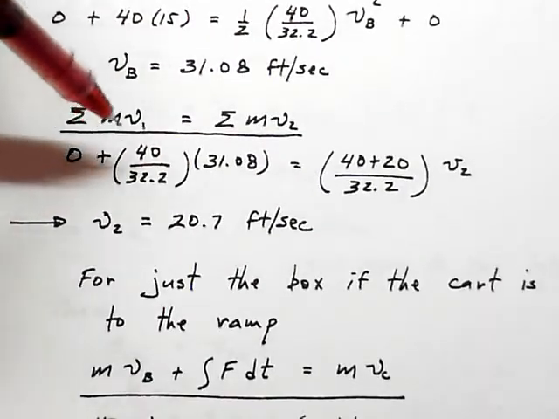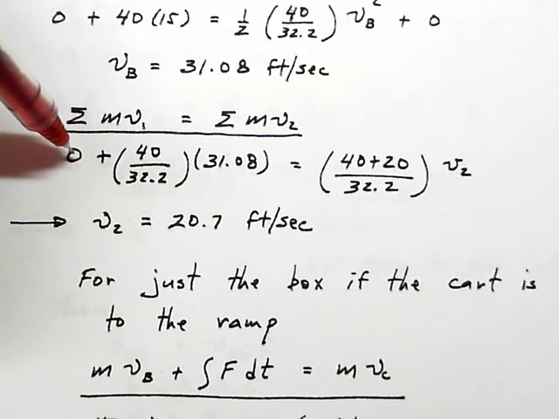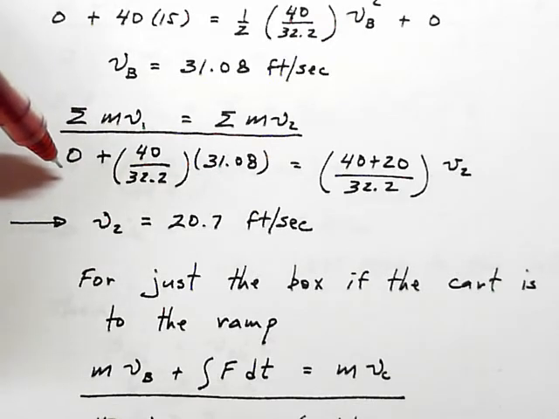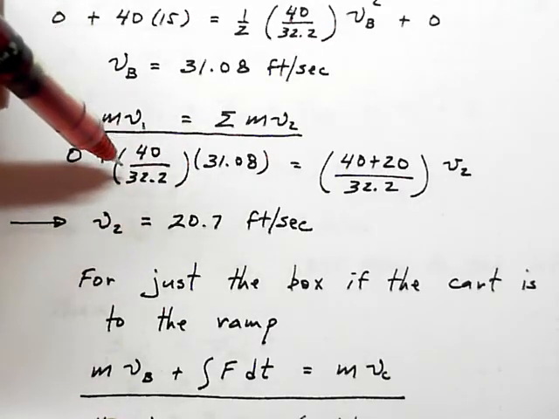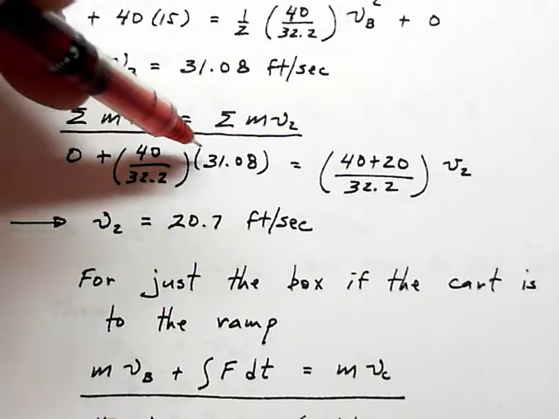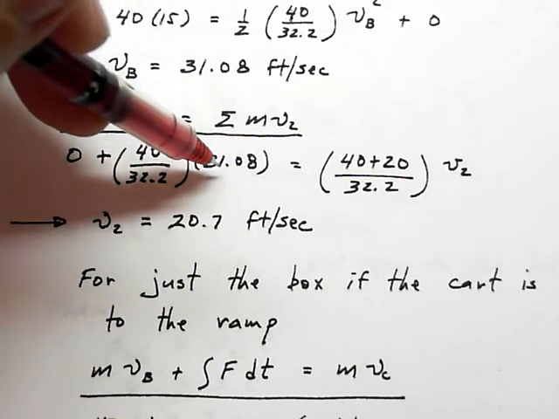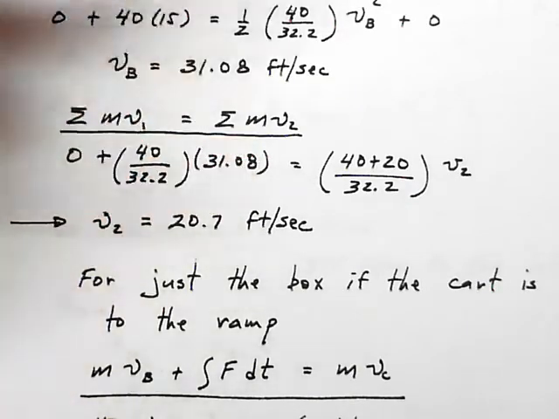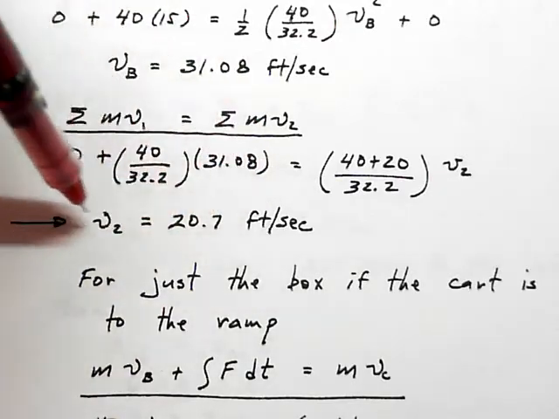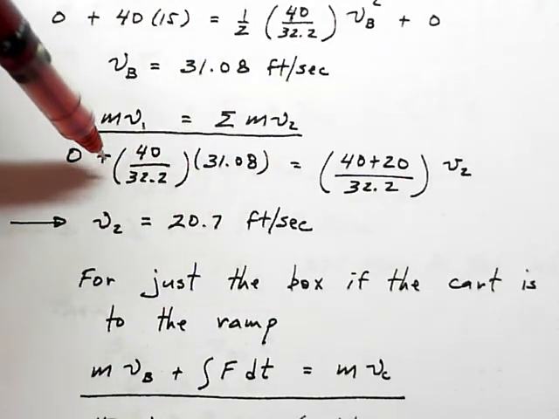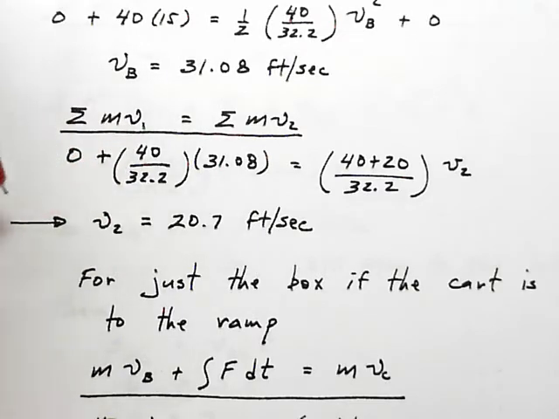So we have our starting momentum of the cart, which is 0. The starting momentum of the box right before it jumps onto the cart is the mass of the box, W over g, times the velocity of the box, 31.08, that we saw a moment ago. This takes into account the momentum of everything right before the box jumps onto the cart.